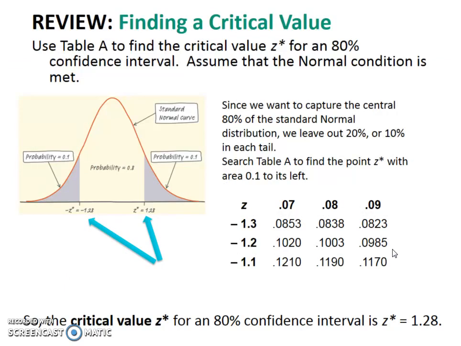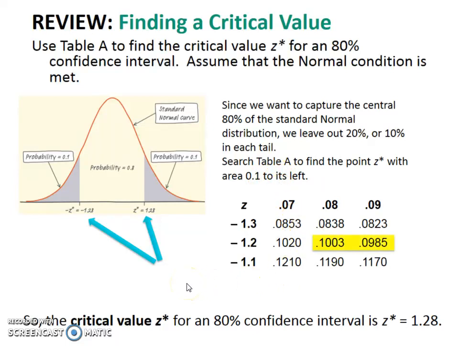So here's an example. Use table A to find the critical value z star for an 80% confidence interval. Assume that the normal condition is met. So since we want to capture the central 80%, that means we leave out 20%. So 20% is on the tails, and so 10% is on each tail, so 0.1. So you look in the body of your table to find the point where it has 0.1 to the left.